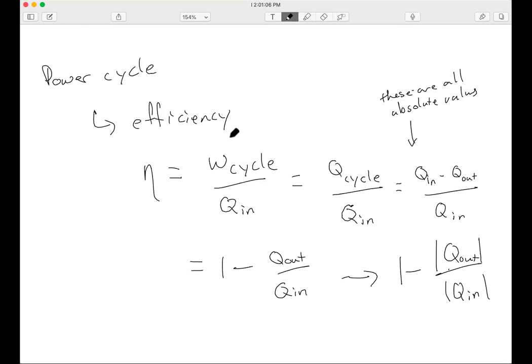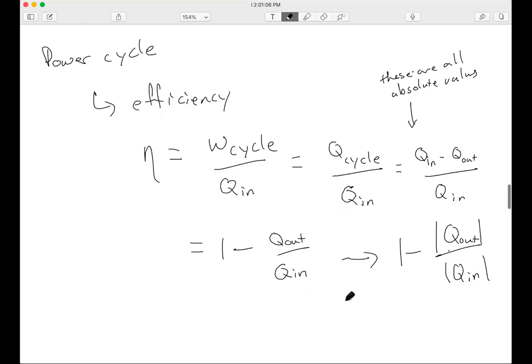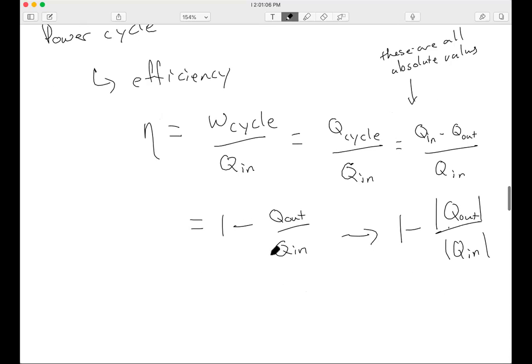So it's interesting. We're trying to produce work, but we're able to express it in terms of heats in and out. It's kind of a neat formula. Notice, because the cycle work has to be positive, that means that Q in is bigger than Q out, which means this fraction is less than 1, and the efficiency must be less than 1.